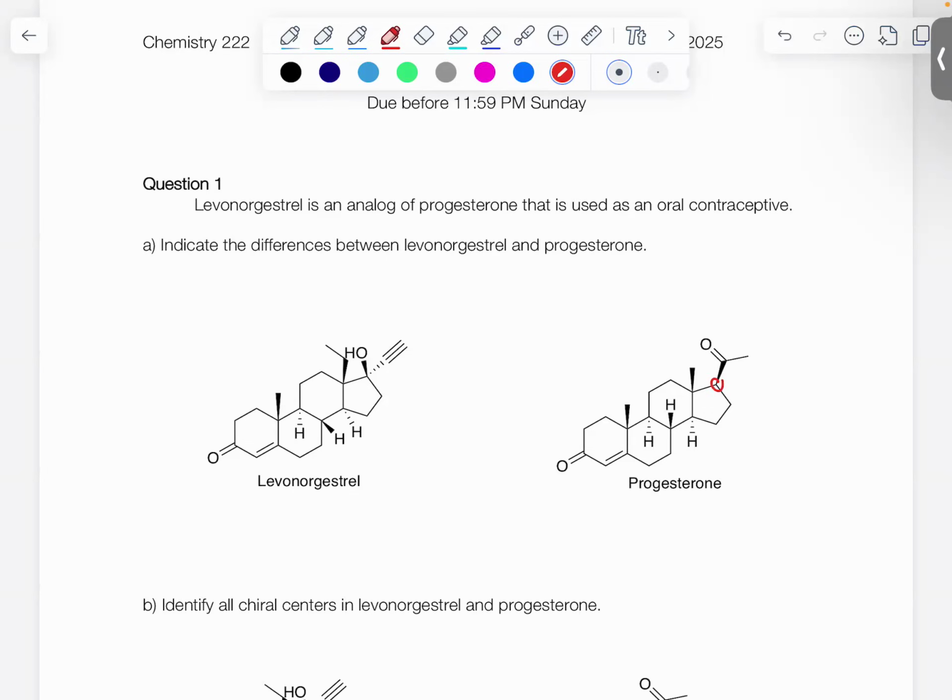We see that what is attached at this part of the ring is different between the two. And so you could count that as one or two differences there. And we also have an extra carbon here. It's a methyl group on the progesterone and an ethanol group on the other. And then we can see that everything else stays the same.